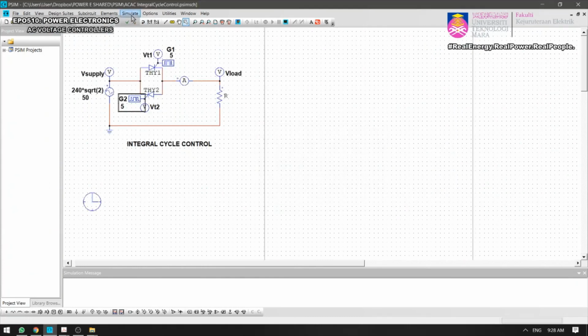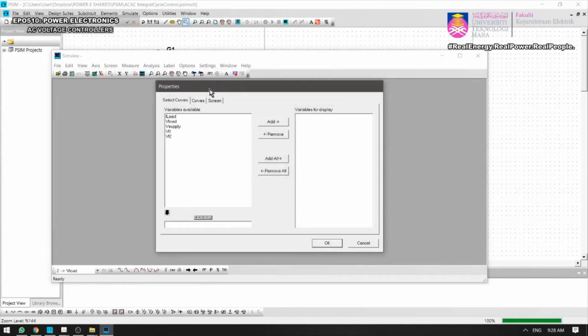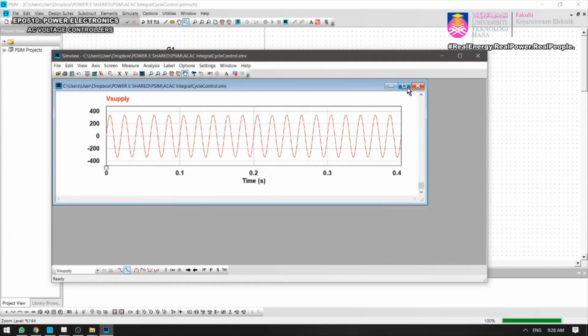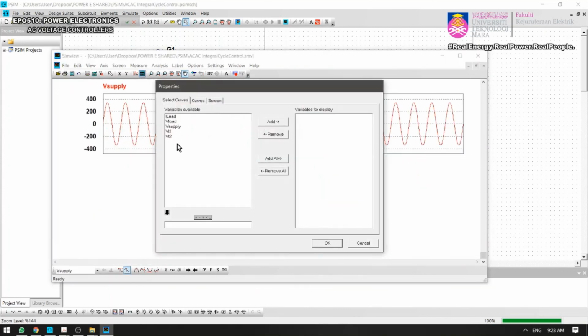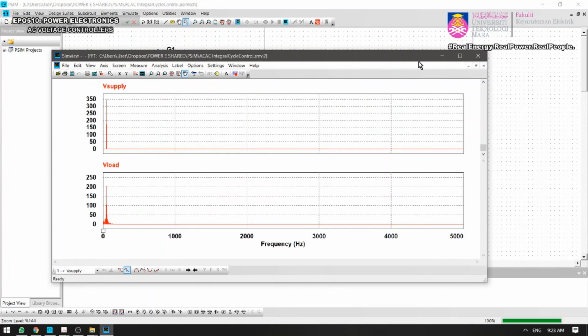The output, then, if you run it, supply first, then we're going to add another screen, which will be the load. Okay, so supply voltage, load voltage, and then you just hit this FFT, and there you are.